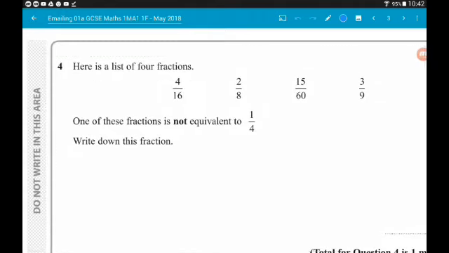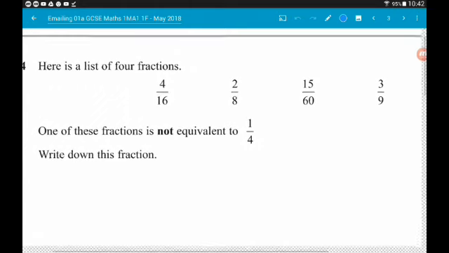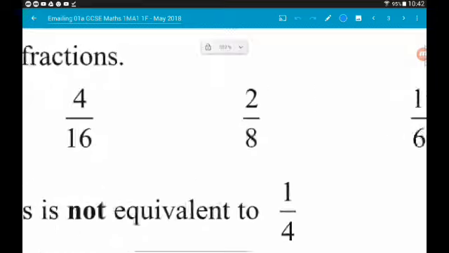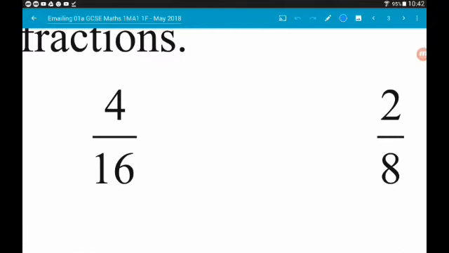Question 4. So we got a list of 4 fractions. We are told one of the fractions is not equivalent to 1/4. We want to write down which one. So, 4/16 has a common factor of 4.